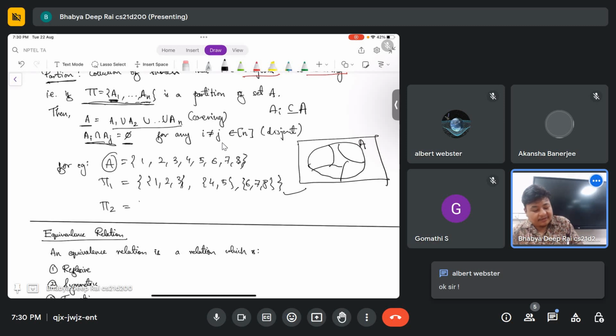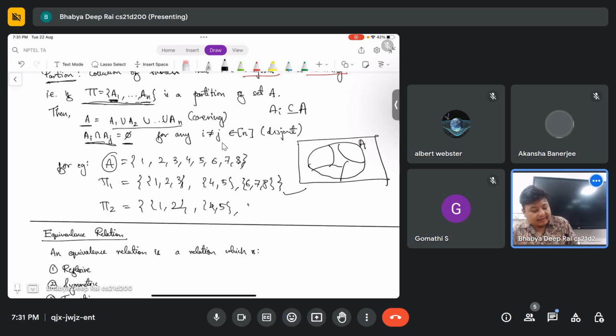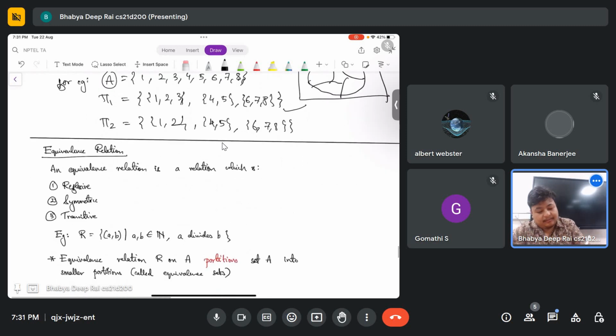Now if I have pi 2 equals {1, 2}, {4, 5}, {6, 7, 8}, is this a partition? That's the question. Well, they are disjoint, that is, they do not share elements together, but if you see here, the element 3 is missing.